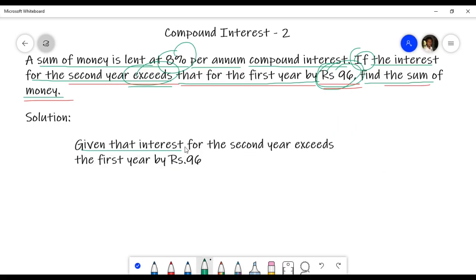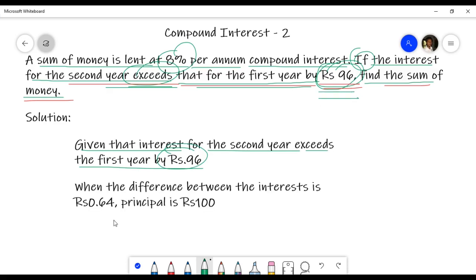What is given? It is given in the question that the interest for the second year exceeds the first year by rupees 96. And we found that the difference of the interest between the first and second year, using principal as 100, is 64 paise. When did we get the 64 paise?